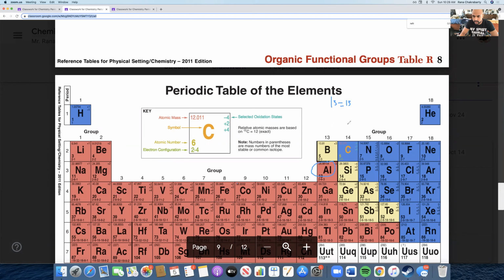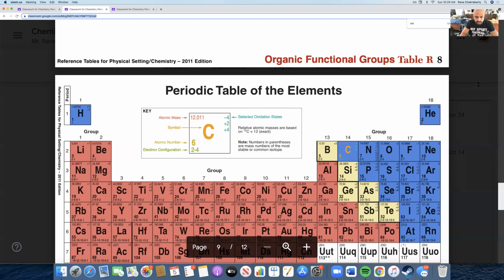As an ion, if it's positive, you subtract 3. So instead of having 13, it has 10. Okay. Why is that? Because when you lose a negative number, that's a positive. 0 minus negative 3 is 0 plus 3.